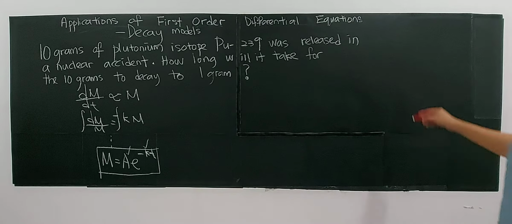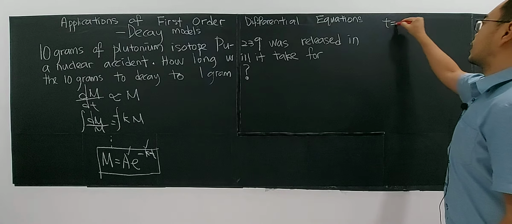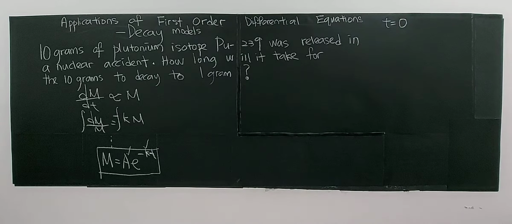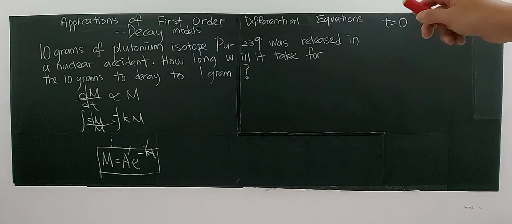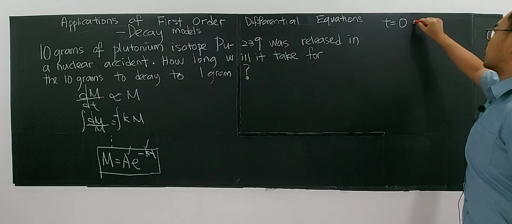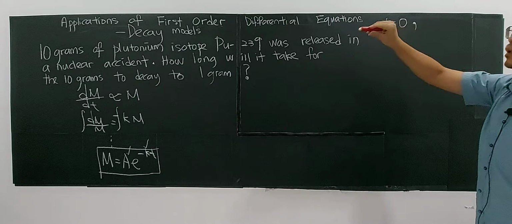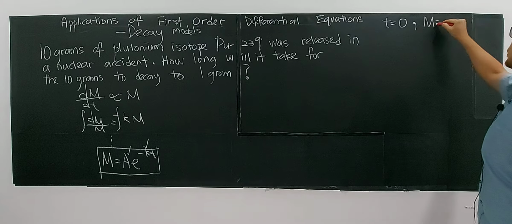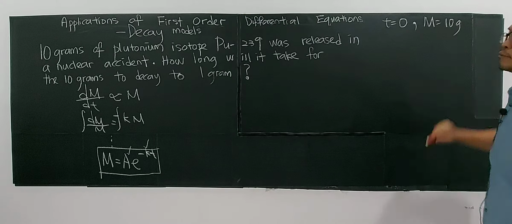It means that initially, at t equals 0, the mass will be 10 grams.